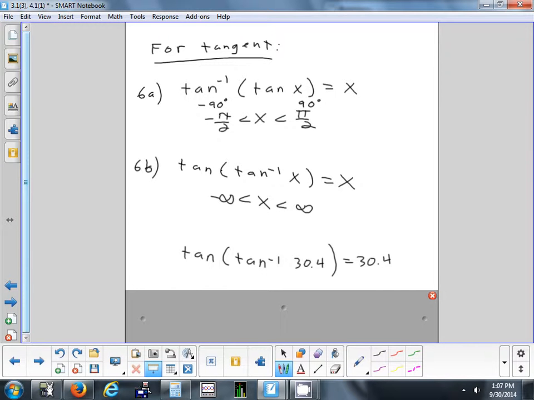Okay, so I want to know if that would be true. The tangent of the inverse tangent of 30.4. Would that equal 30.4? Let's take a second, see if you can figure out which formula it is, and then look at the restriction.